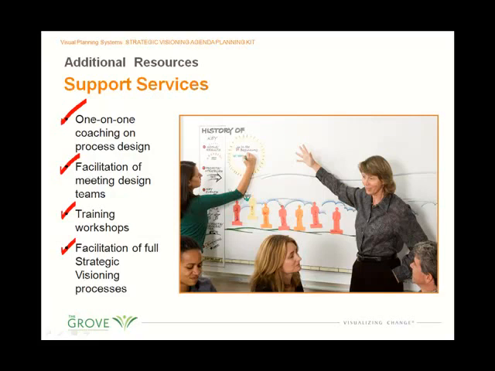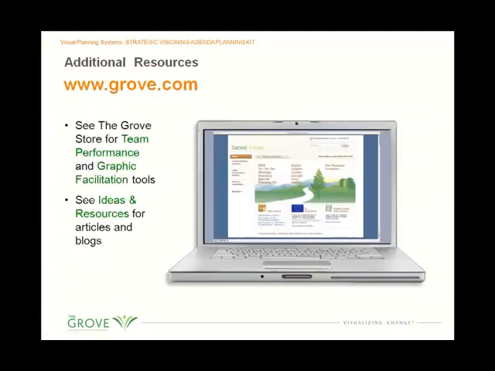So we'll often model a strategic visioning session early on when a client system has never seen anything like this and people want a really good example of it. And then that kind of almost becomes a co-training situation, and people take over pretty quickly and start doing it themselves. So this represents a whole pyramid of services that you can take advantage of.